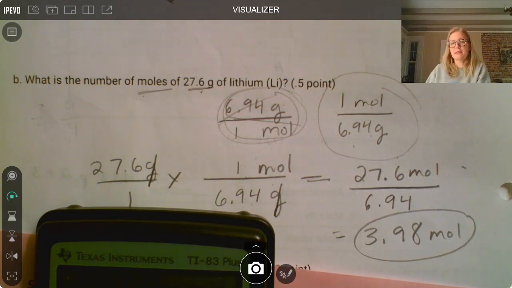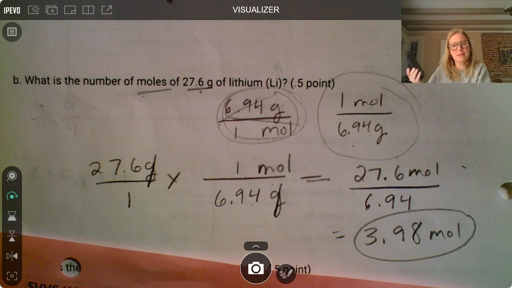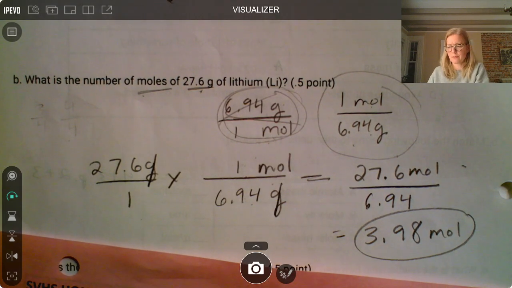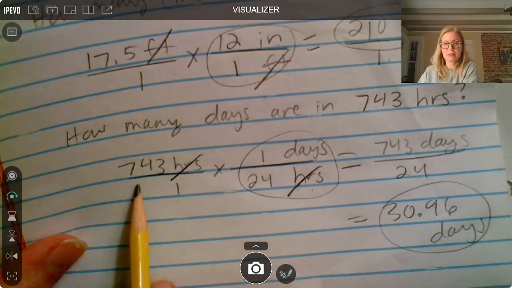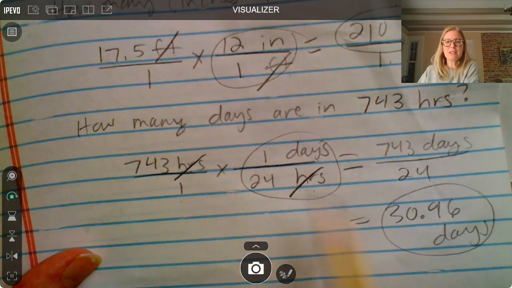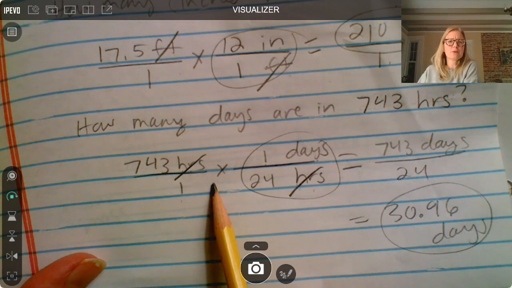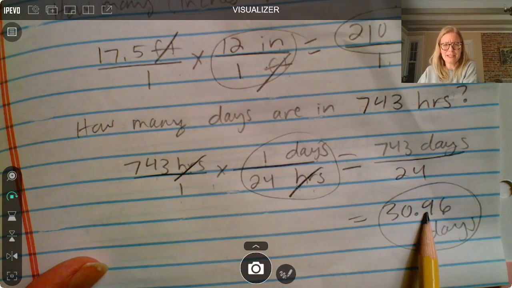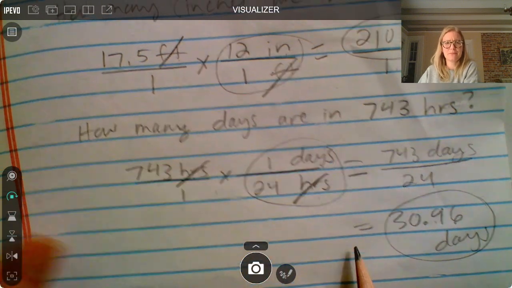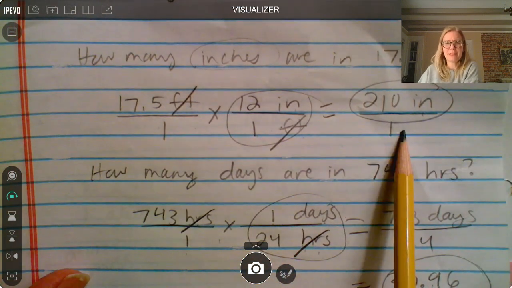Okay. And then with these, you can always be sure, stop and be sure your answer makes sense, right? Just like for this, if it was 743 hours, we know that that's significantly more than 1 day, so that kind of makes sense. About 31 days for that many hours makes sense, right? 17.5 feet having over 200 inches, it makes sense.